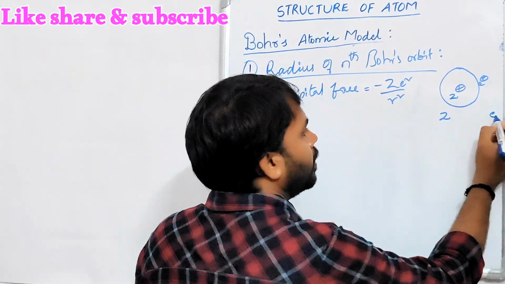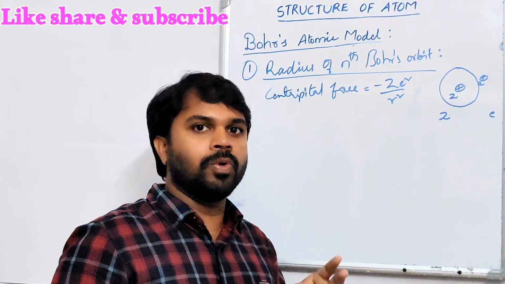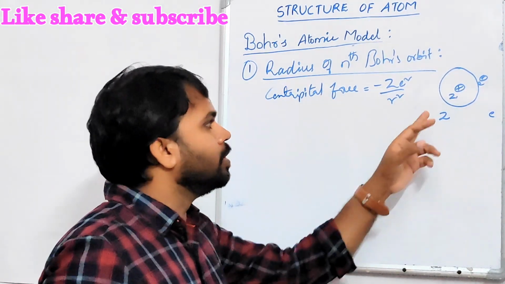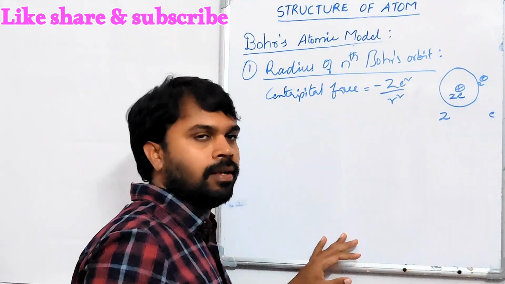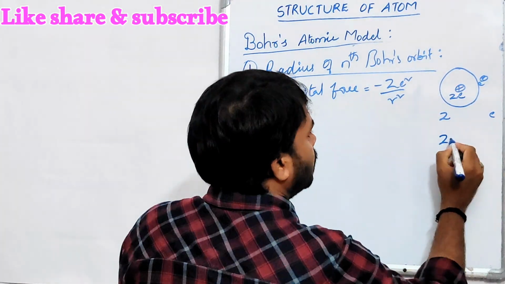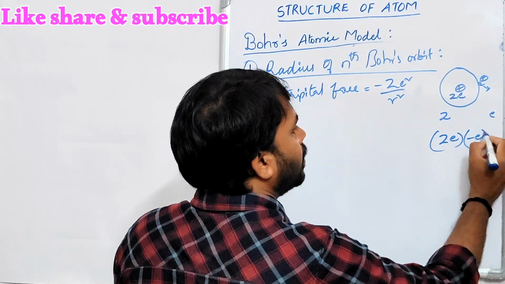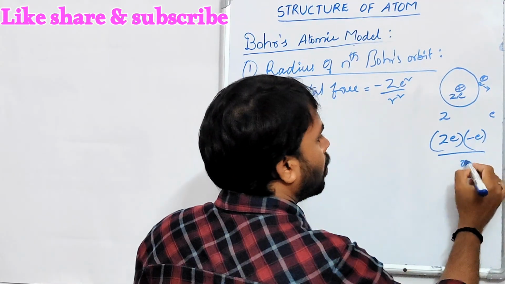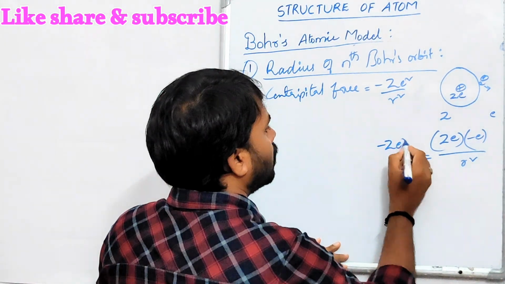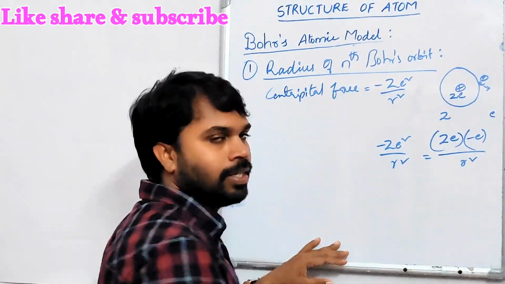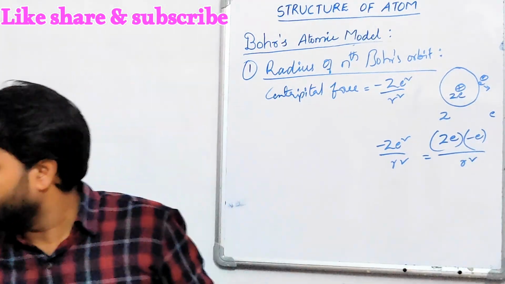Charge of a proton is e. For one proton, charge is 1e. For two protons, charge is 2e. For Z protons, charge is Ze. That is, Ze charge into electron charge, equals minus e by r square. That equals minus Ze square by r square. This is the centripetal force of an electron.